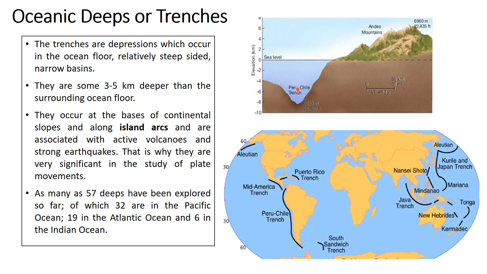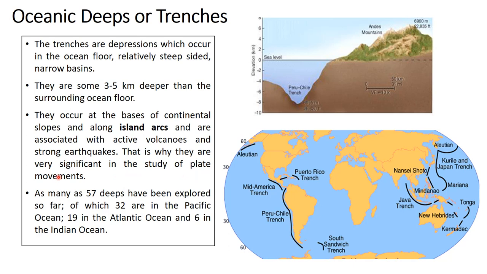They will be deeper than this average depth of the ocean floor. They occur at the bases of the continental slopes and along island arcs and are associated with active volcanoes and strong earthquakes. That is why they are very significant in the study of plate movements.